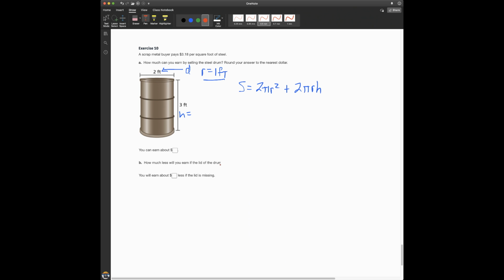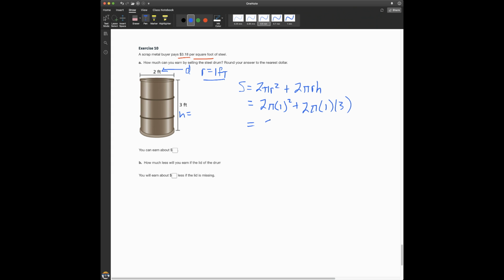All right, scrap metal buyer pays $3.18 per square foot of steel. And you want to sell this drum. Well, we need to figure out how much surface area we have, and we can figure out how much money we'll make. All right, so the radius is 1 foot, so 2 times pi times 1 squared plus 2 times pi times 1 times 3.